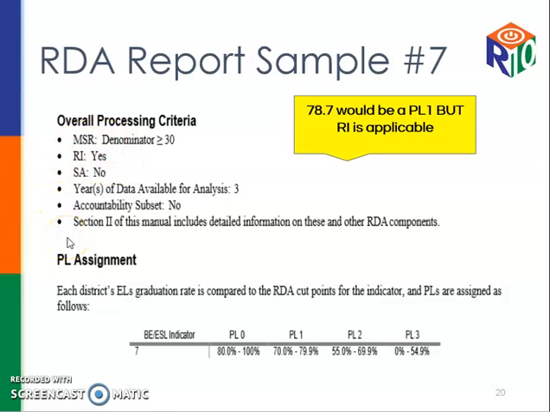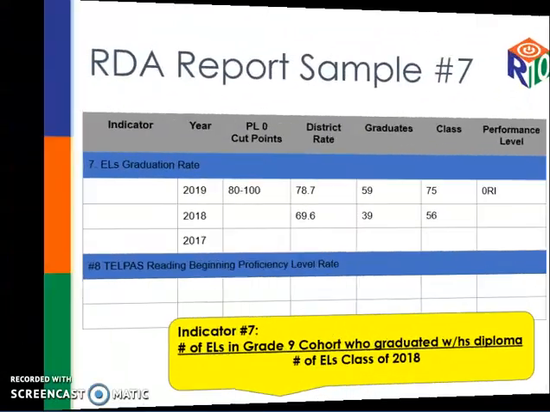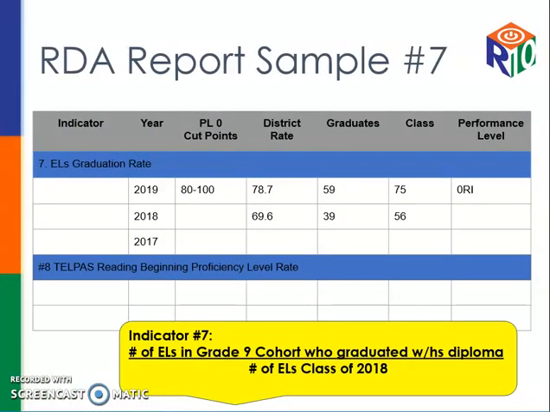So let's look closely at the report to understand how we applied an RI. As you can see, the district rate was 78.7. This was calculated by dividing 59 by 75, which equaled a district rate of 78.7.